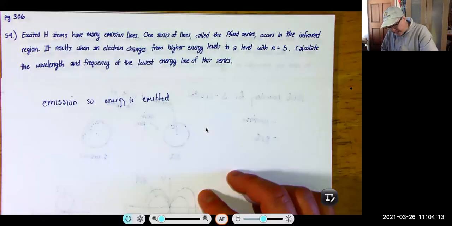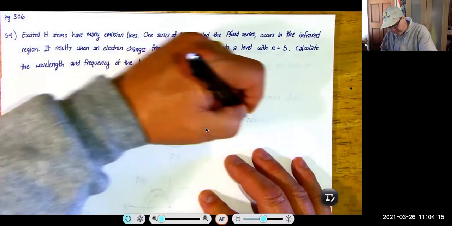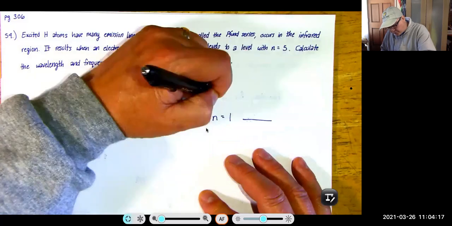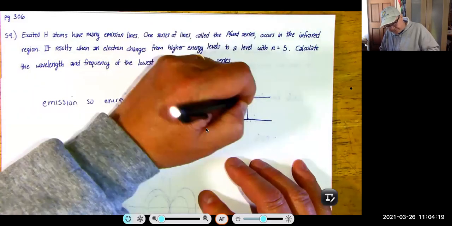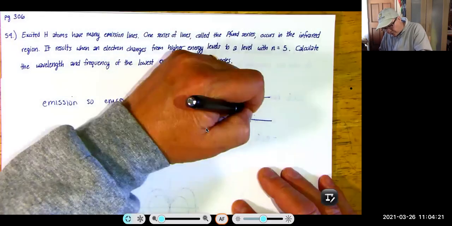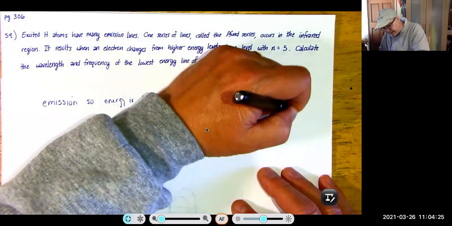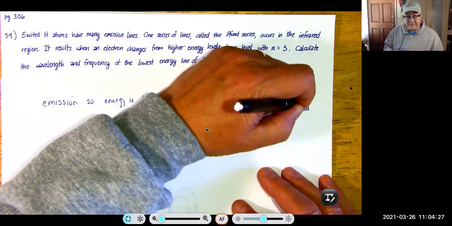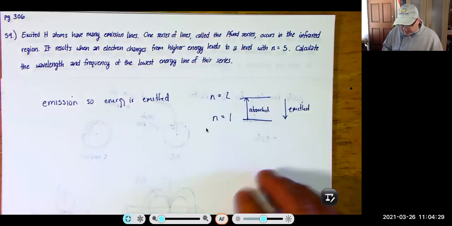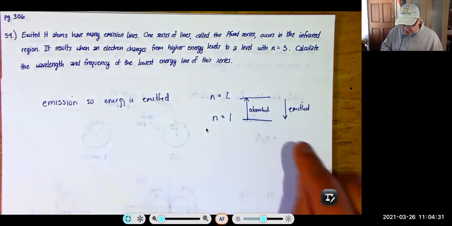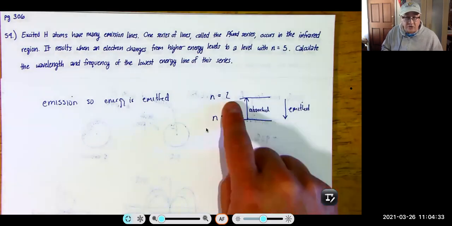Now, if this is n equals 1 and this is n equals 2, when you do that, energy is absorbed. When you do this, energy is emitted. The reason I'm drawing this is so that you can see that for an emission, we have to start high and go low.